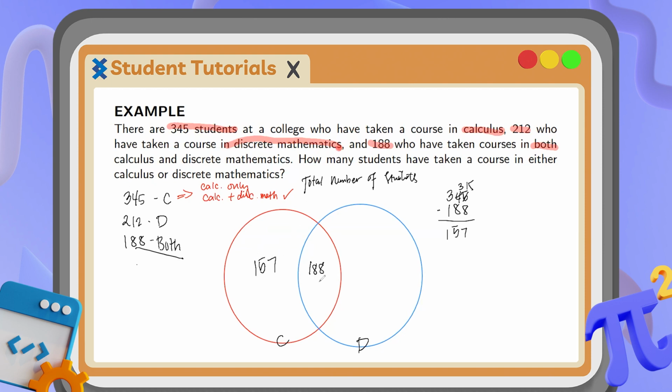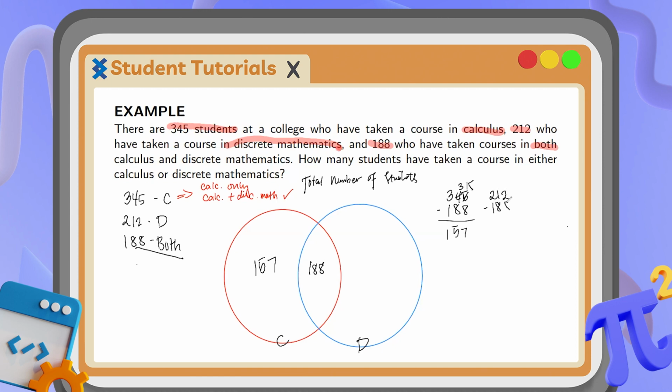If you sum them together, that would equal the number of students that took calculus, be it by itself or with discrete math. Similarly, if you want the number of people that took discrete math only, subtract 188 from 212.